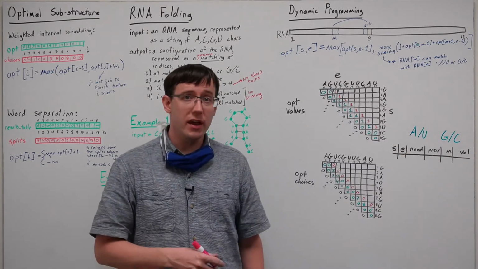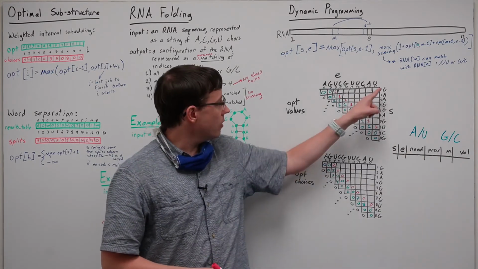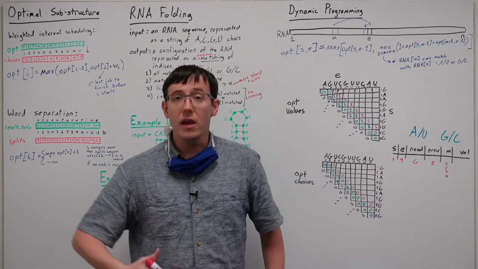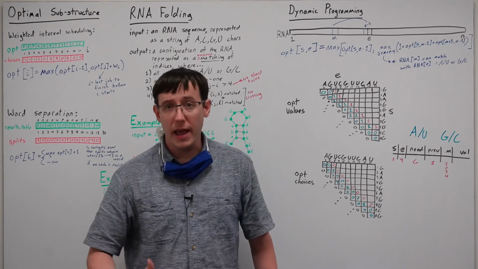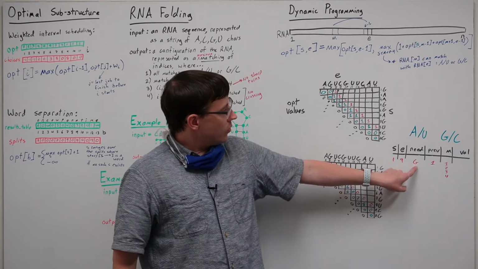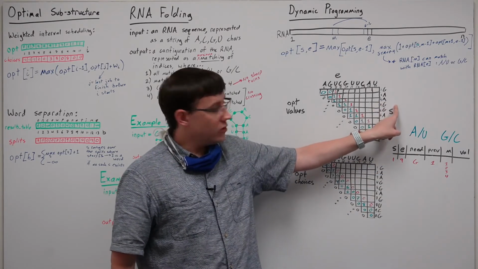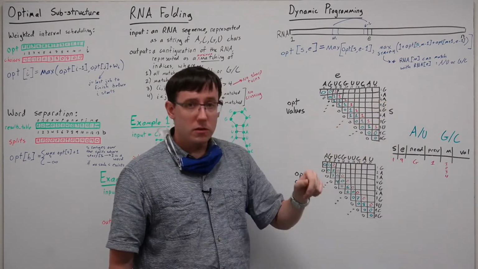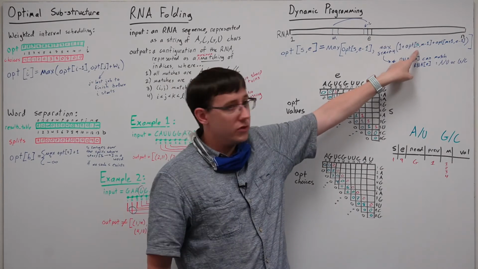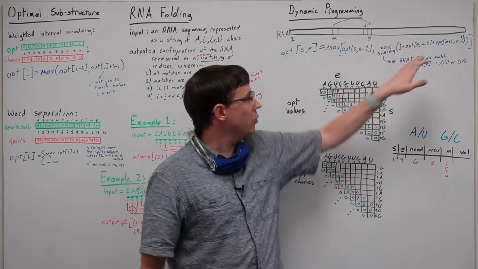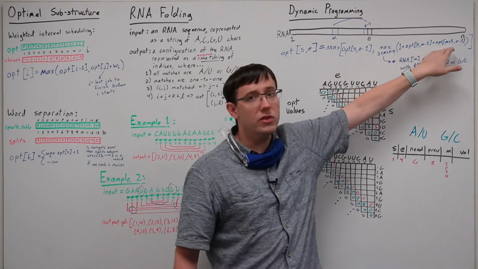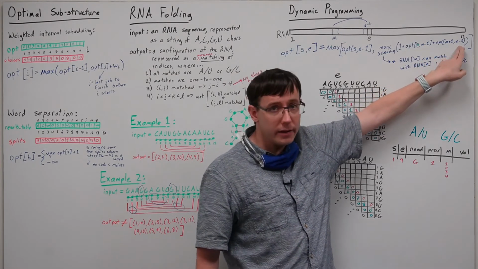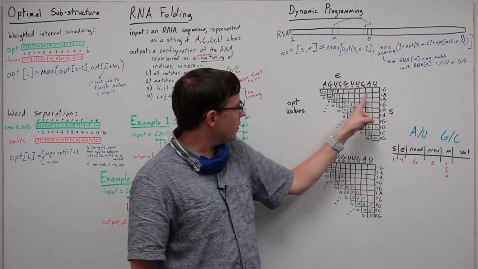Now moving on to the size 4 subproblems, we start with 1 through 9. There will now be 4 values of M each time, and so we're looking for a G in indices 1 through 4. We find one in index 1, so we get 1 plus the optimal before index 1, which is 0, plus the optimal from 2 up through 8, which is one of our subproblems.